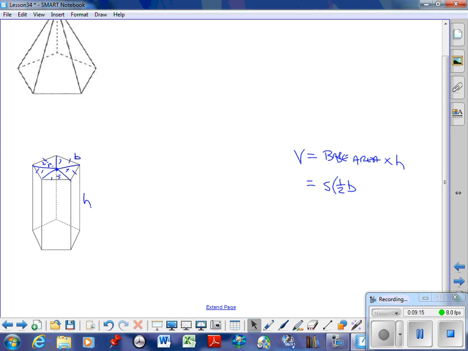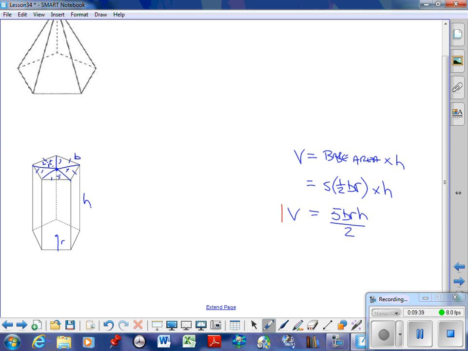Maybe I misrepresented our R. Our R will be the height, the distance from a side edge, so maybe I'll put it on the bottom here to make it a little more clear for you. So 5 times 1/2 BR, and we multiply it by the height. So our volume formula ends up being 5 BRH over 2.